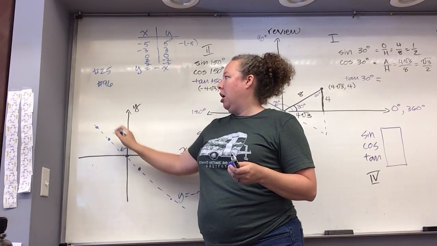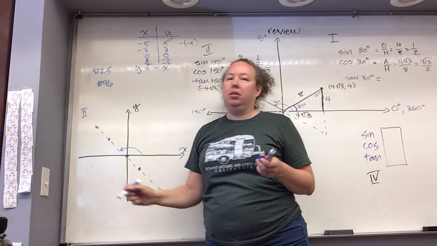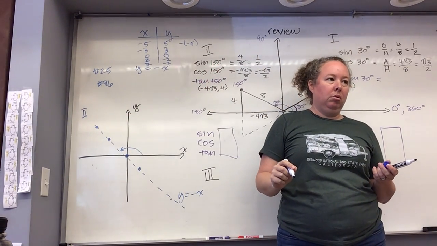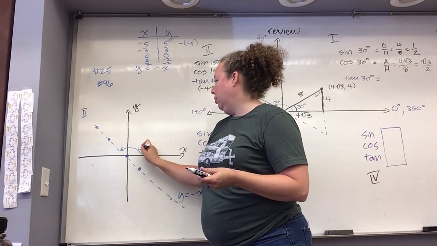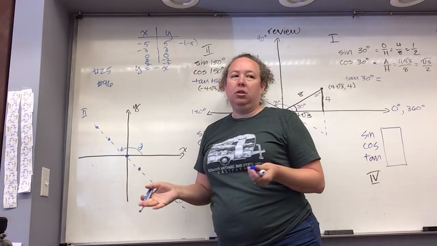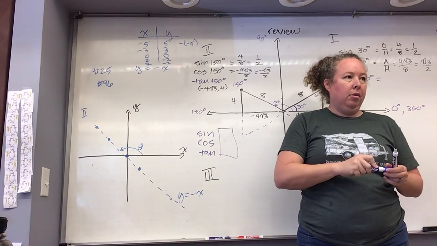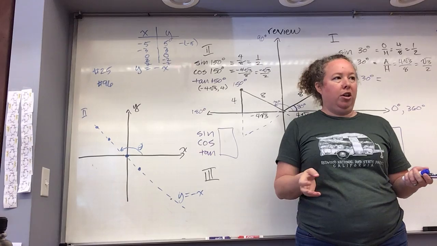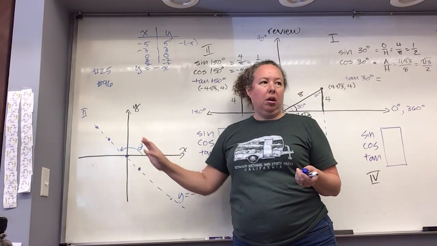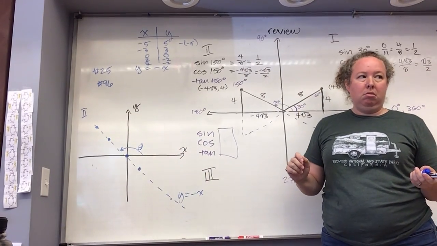So where we're going to stop is here because this is quadrant 2. So this is our theta. So we need to find the 6 trigonometric functions of this theta.